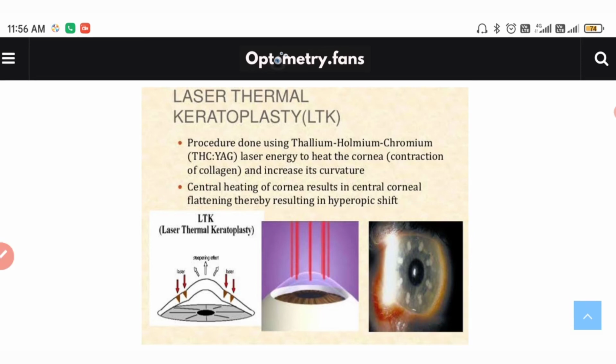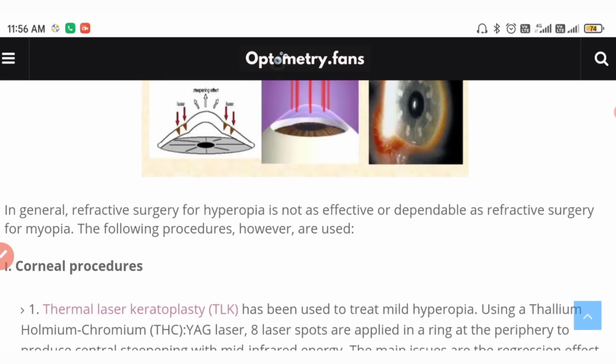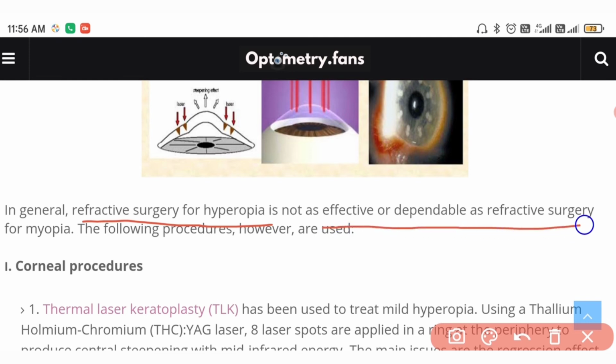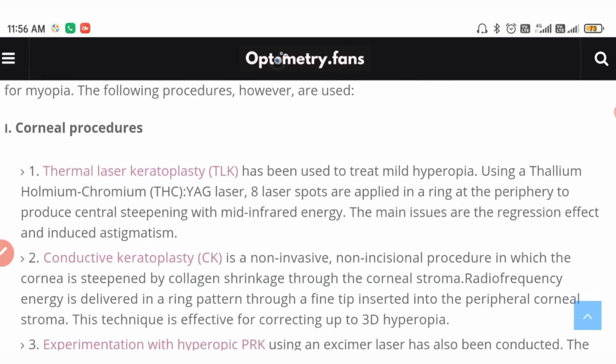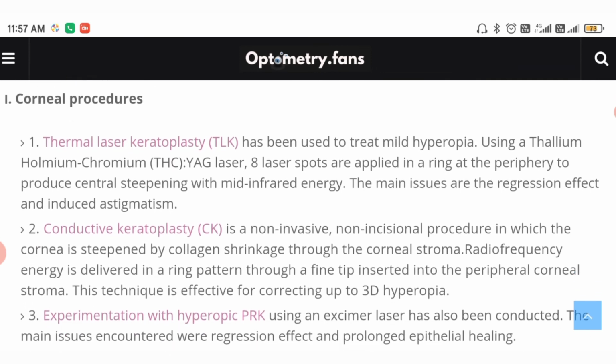Here you can see in general, refractive surgery for hypermetropia is not as effective or dependable as refractive surgery for myopia. These are the corneal based refractive surgeries.